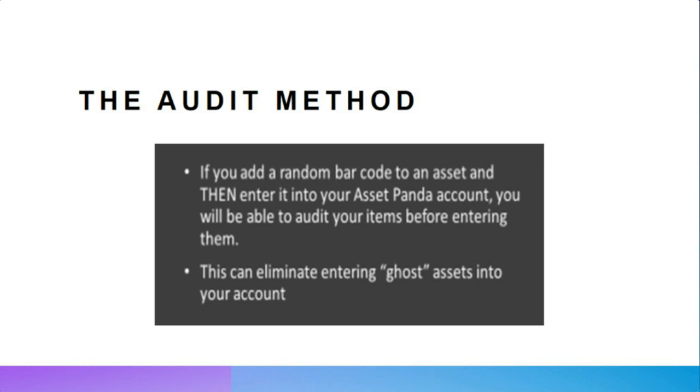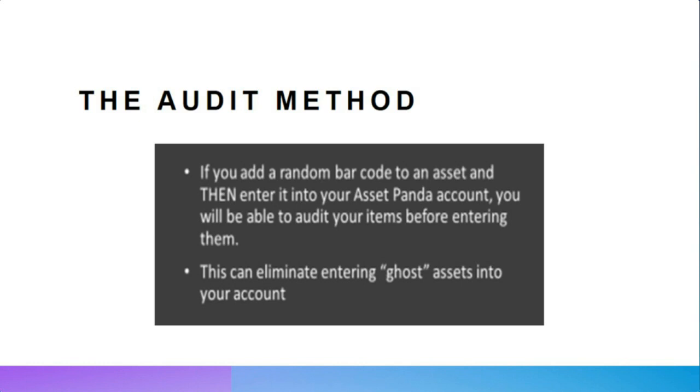So again, this kind of goes back to that barcode decision tree we were talking about a moment ago. I don't necessarily have a unique identifier yet, or maybe I do, but I'm going to generate a barcode with a number, and as I add the barcode to the item, I'm going to add those items to Asset Panda simultaneously.